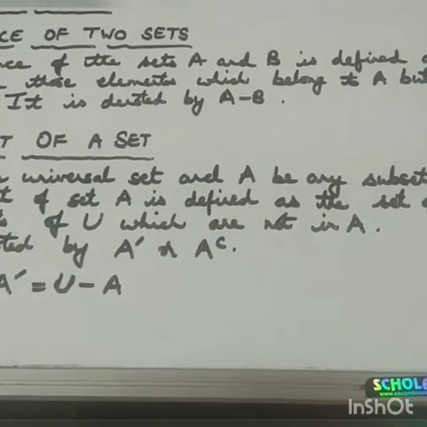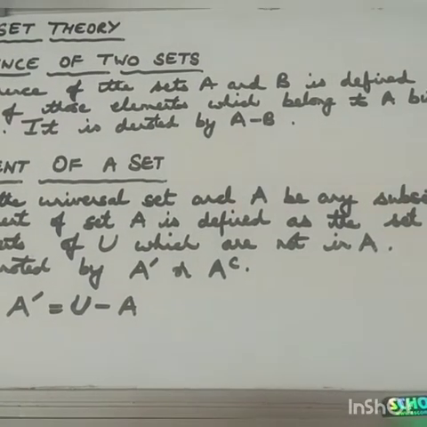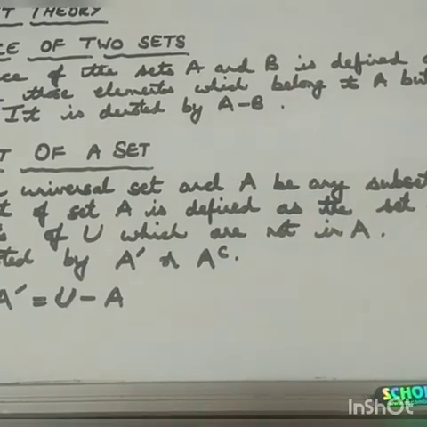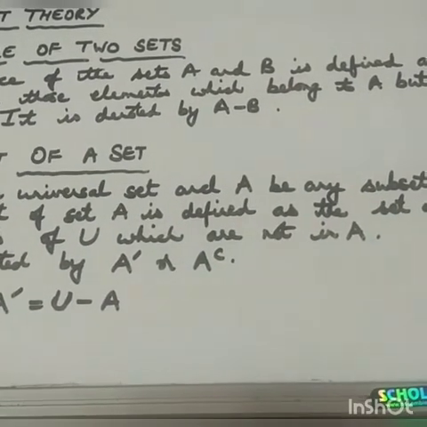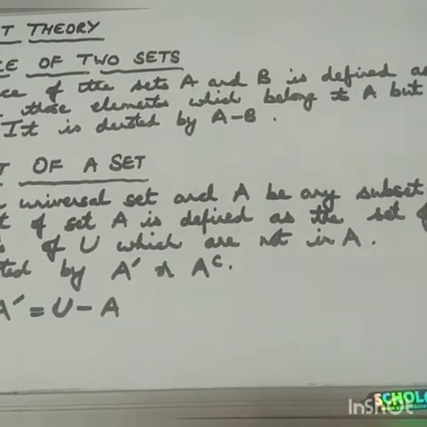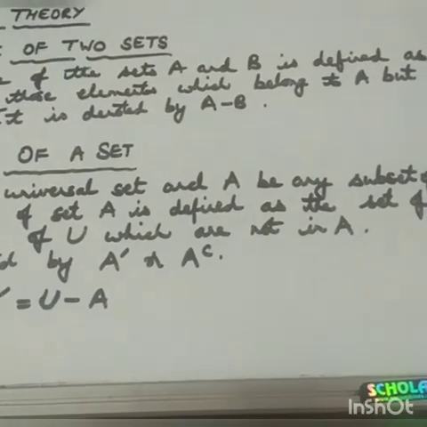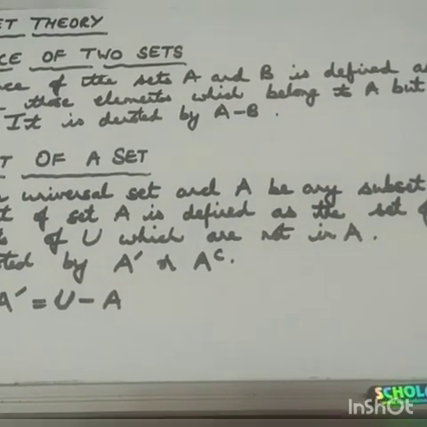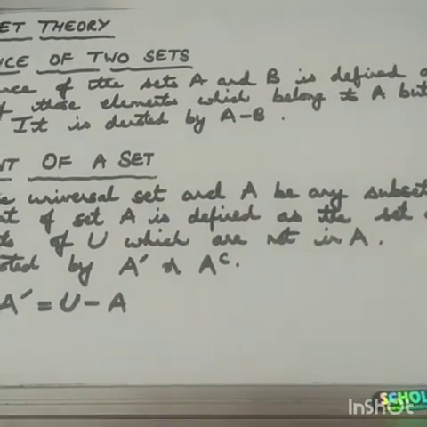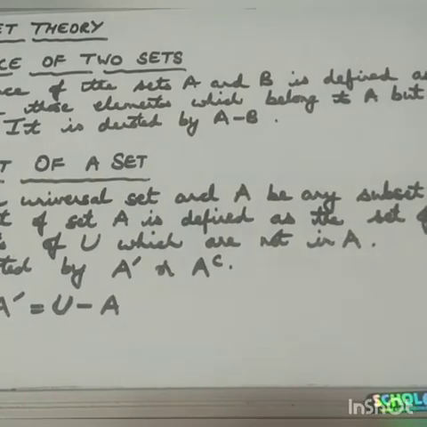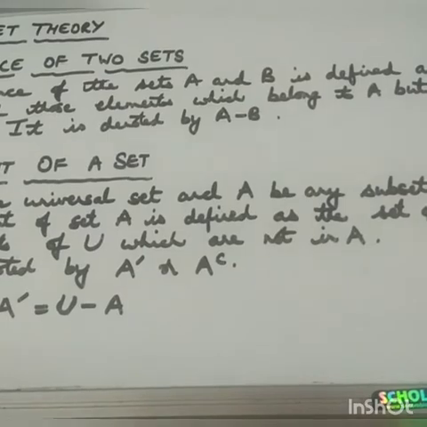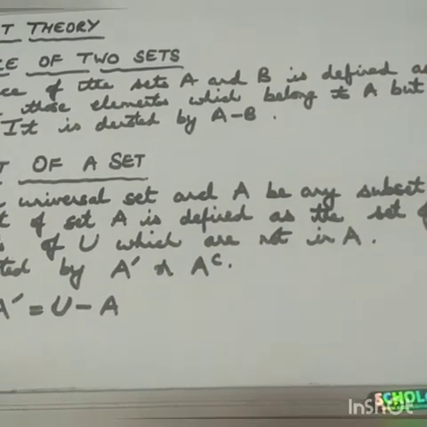Difference of two sets. The difference of the sets A and B is defined as the set of those elements which belong to A but not to B. That is how we write A minus B. If you are writing the set A minus B, then you will be writing the elements belonging only to A, not to B. It is also sometimes called 'only A'. If two sets overlap and something is common, then all the elements which are in B will not be taken into consideration.